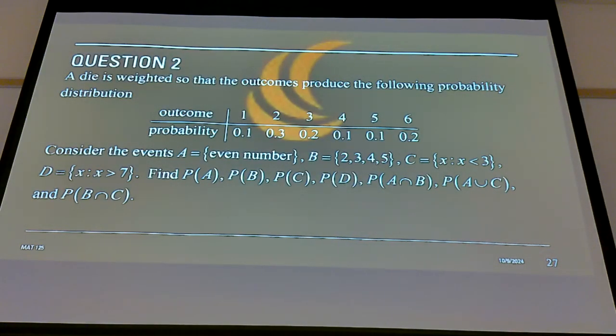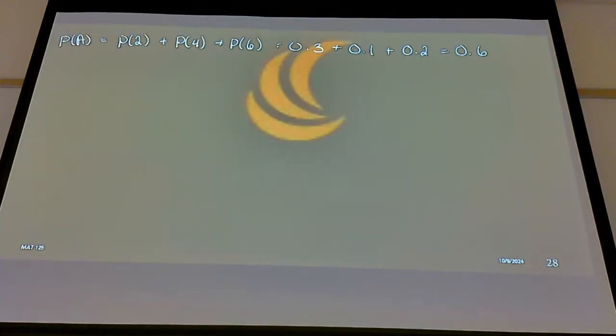Now we want the probability of rolling a 2, 3, 4, or 5. We know the probability of 2 was 0.3.